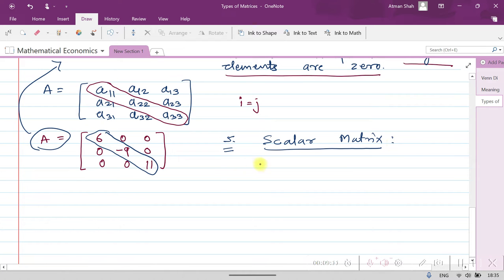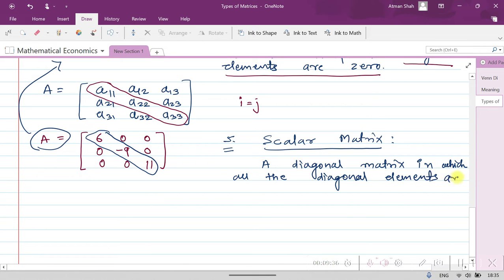A diagonal matrix in which all the diagonal elements are the same.